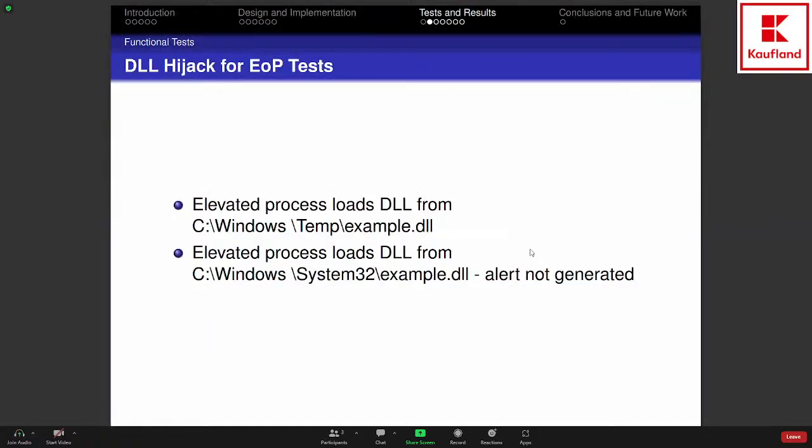For example, we have an elevated process which loads a DLL from a temp folder. That's bad, usually. We have an elevated process which loads a DLL from System32. That's okay. That's what you should do, because System32 is a system folder which has security configuration, so that unelevated users can't simply edit it, because that would be, of course, very bad.